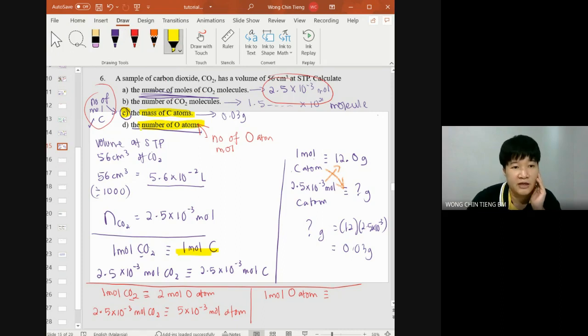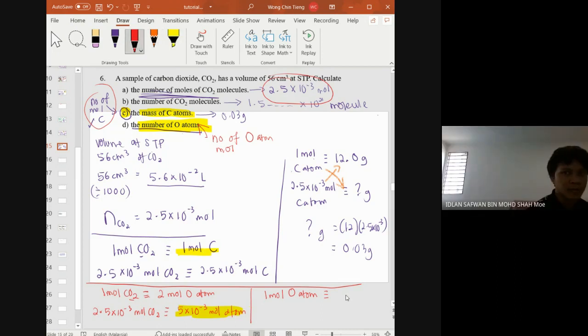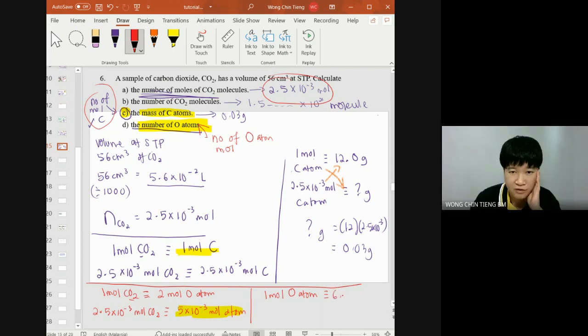If the question asking for number of oxygen atom, that's Avogadro constant. You have the number of mole already. So how can I change the number of mole to number of oxygen atom? Times Avogadro constant.